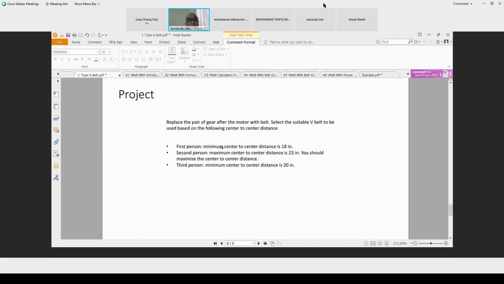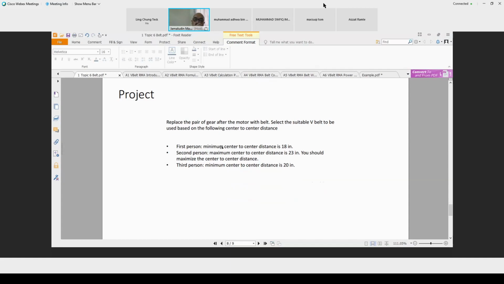What for the project? Your major project. Replace the pair of gear with belt. Select the suitable V belt to be used. For the first person, the minimum center to center distance will be 80 inches. For the second person, the maximum center to center distance is going to be 23 inches.